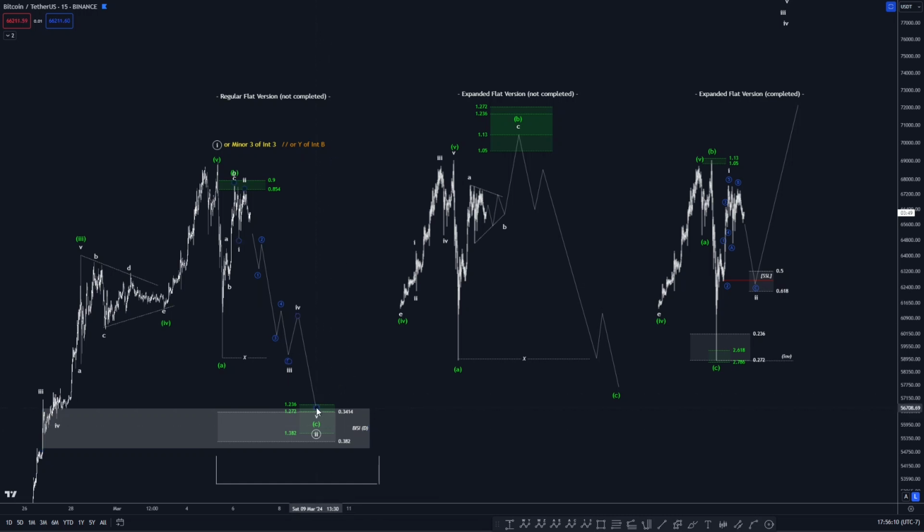I'm not sure if we will get such a deep retracement like this. If we do, this is obviously going to catch support right here majorly. But once again, we really could just take that low right here and start moving back up. There's a very strong possibility for that.